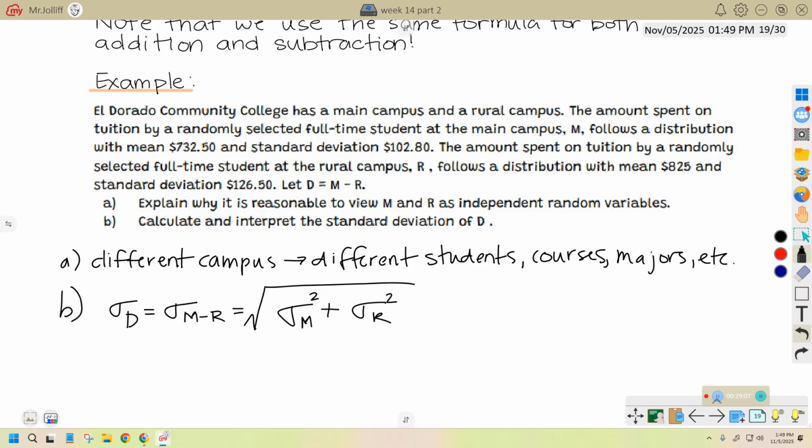They were giving us sigma M and sigma R. We have the standard deviations for the main campus and the rural campus independently.